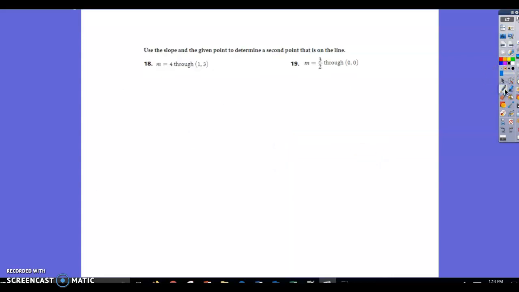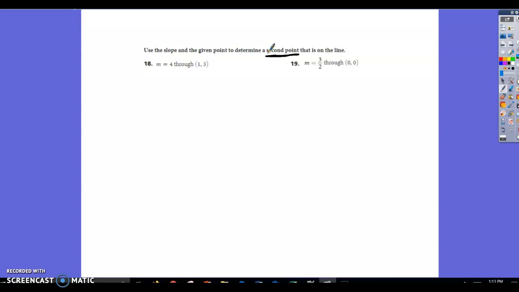All right, now we're going to look at finding the slope given a point and a slope. No, let me read that again. Use the slope of the given point to determine a second point. Okay, so we want to determine a second point on the line.